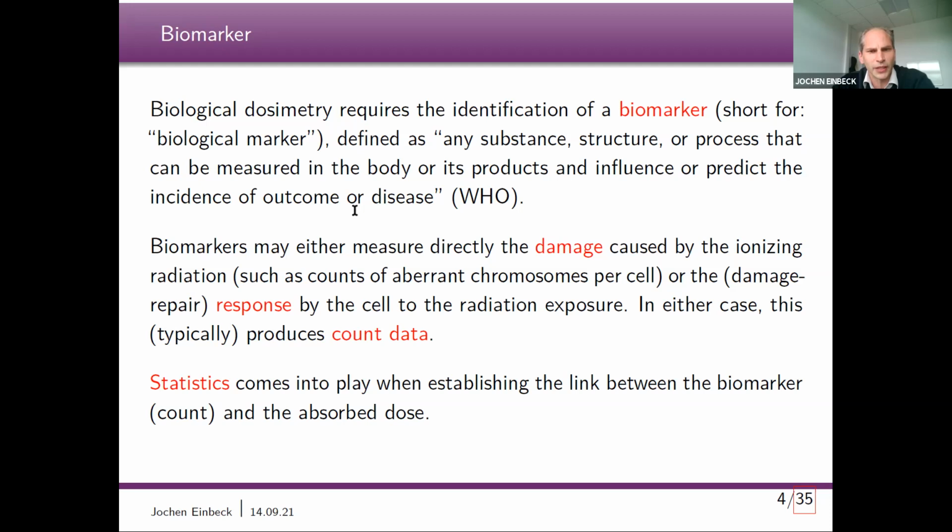So really you look at counts of aberrant, so damaged, chromosomes per cell, or you try to look at the response that the body has towards the radiation exposure. Then you usually look at proteins. And either way, this usually results in counts of something, chromosome aberrations or protein foci or something like that. But usually these biomarkers result in count data.